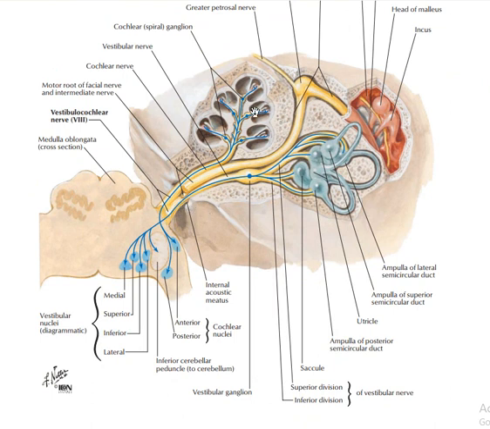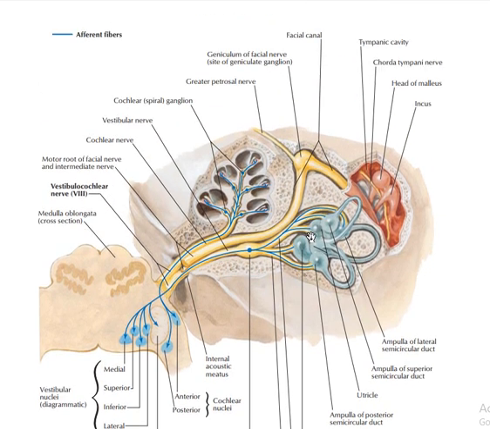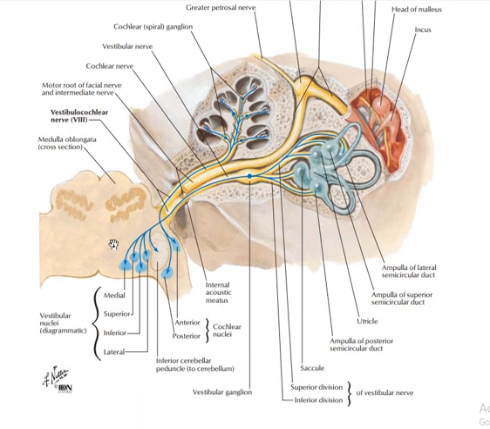So now let's visualize. These are the different spiral ganglia here. Now let's visualize the vestibulocochlear nerve. This is going to be the inner portion of the ear. These are the origins where sound and balance are going to be controlled.